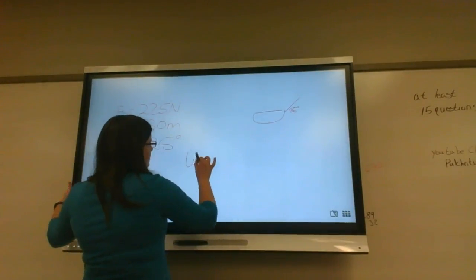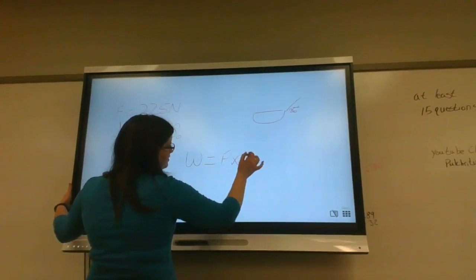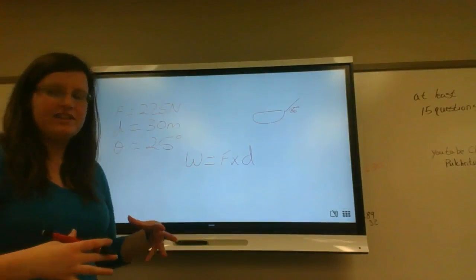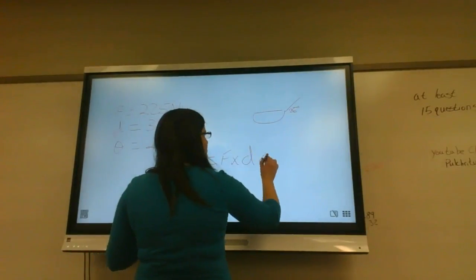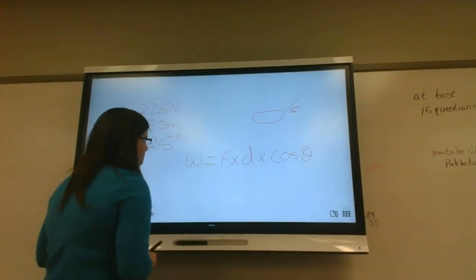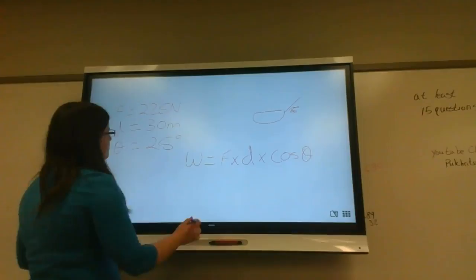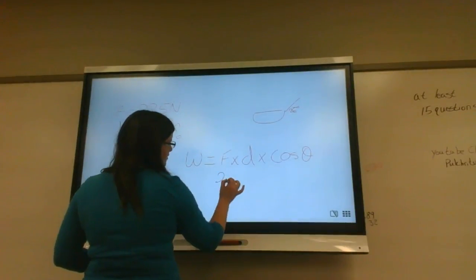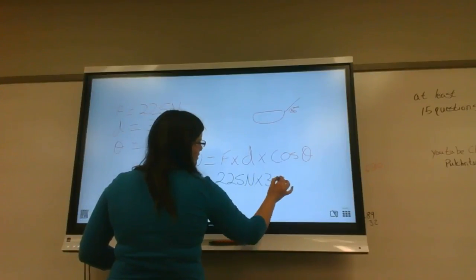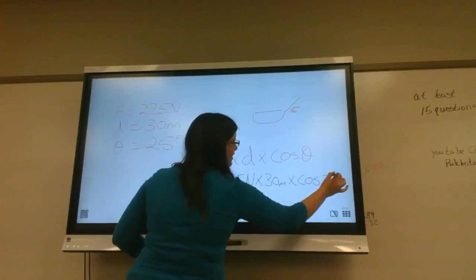It's going to be work equals force times distance. And we are going to sort of add this part onto the equation. And it's going to be times cosine of the angle. So when we go to plug in our numbers, it's going to be 225 newtons times 30 meters times the cosine of 25.